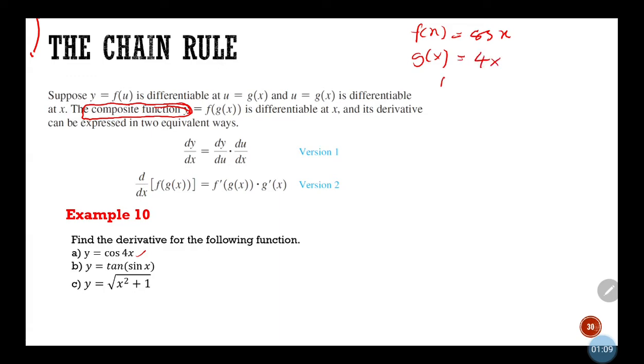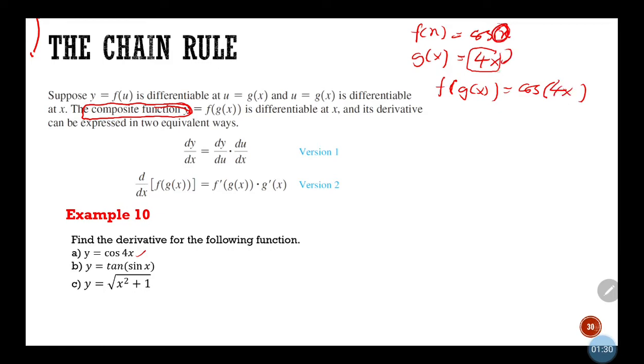Dan dia kata kalau f dalam x tu kita gantikan dengan gx. So it means that for every x dalam fx ni kita gantikan dengan gx. So maksudnya kat sini cos the x here, kita ganti dengan 4x.